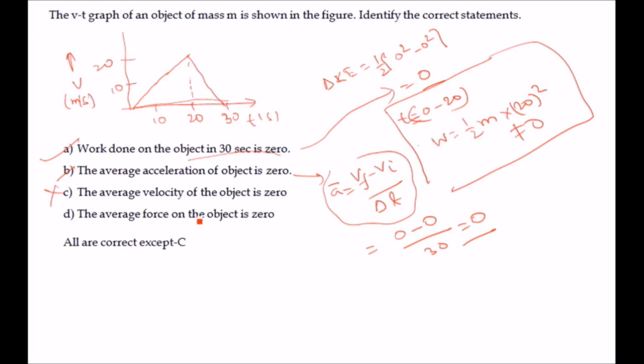And the average force on the object will be 0 for the time interval 0 to 30 seconds. As the average acceleration for this object is 0, the average force, which is equal to m into a, must be equal to 0. So answer D will also be correct.